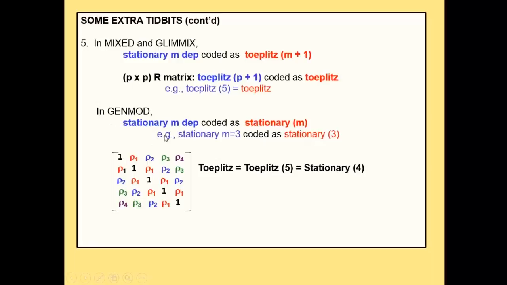In fact, this is stationary forward dependent because there are 4 different correlations in here, and it is equivalent to a Toeplitz 5 dependent. That's just the way it works. So if you're running Mixed or GlimMix, you just have to be a little careful: Toeplitz 5 dependent is equivalent to a stationary 4 dependent.